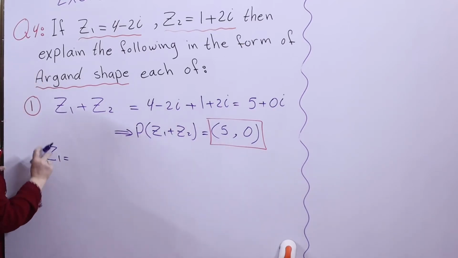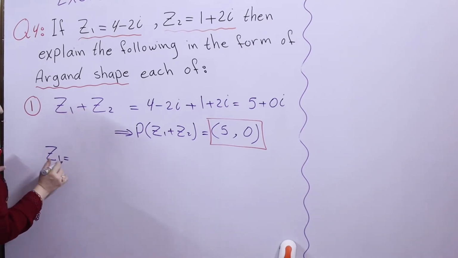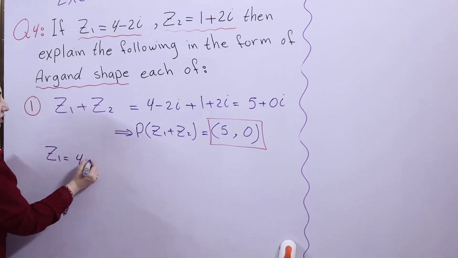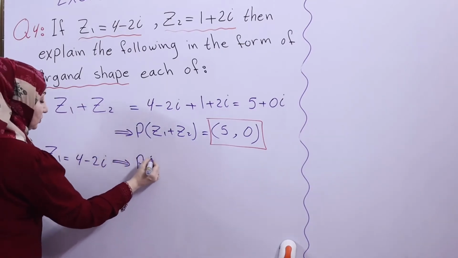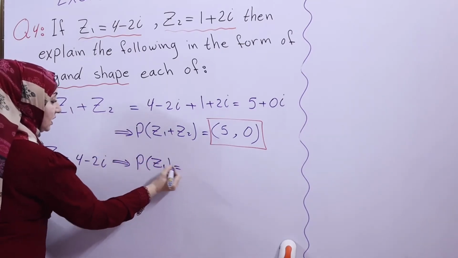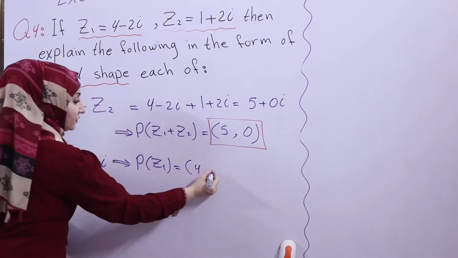So Z1، إذا لازم أرسم المتجه اللي يمثل Z1 والمتجه اللي يمثل Z2. Z1 equal 4 minus 2i. That means the point which represents Z1 will be 4, negative 2.